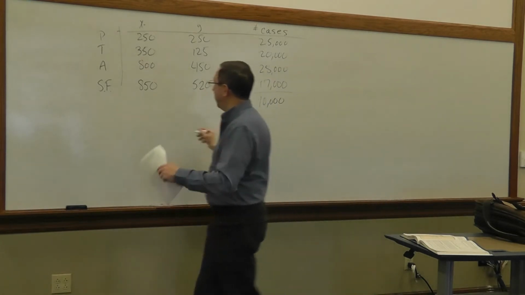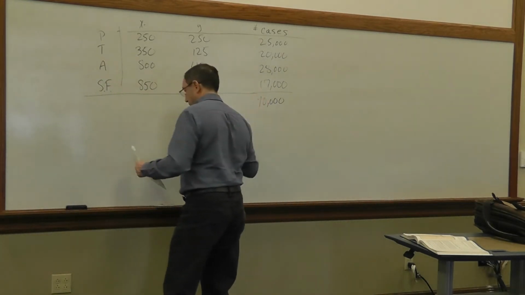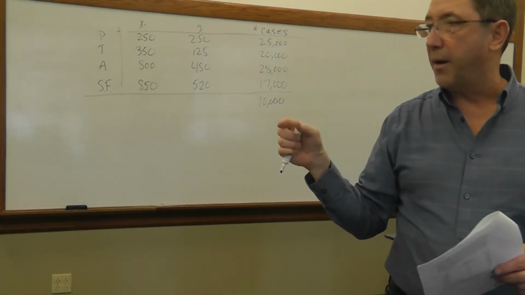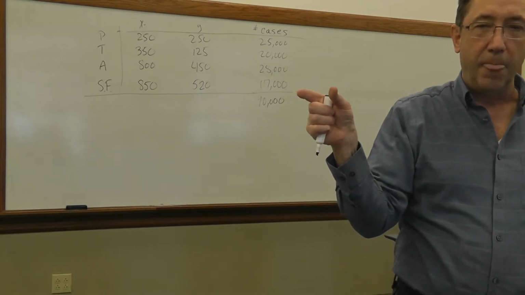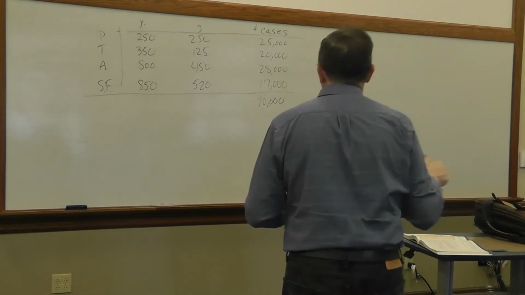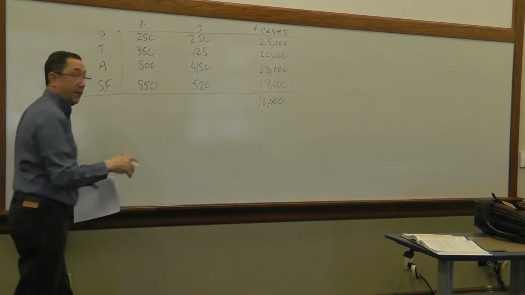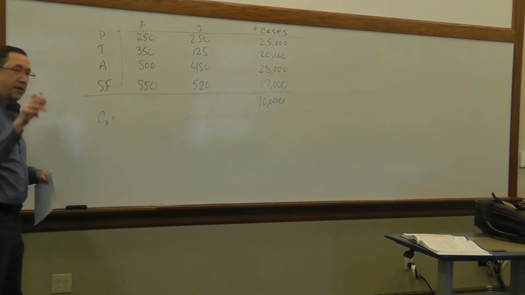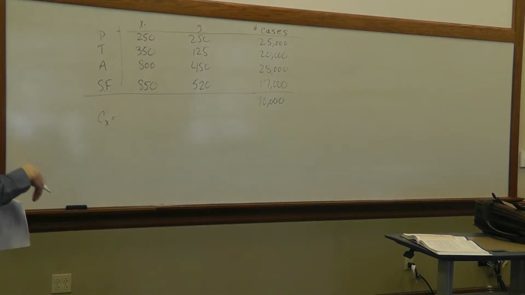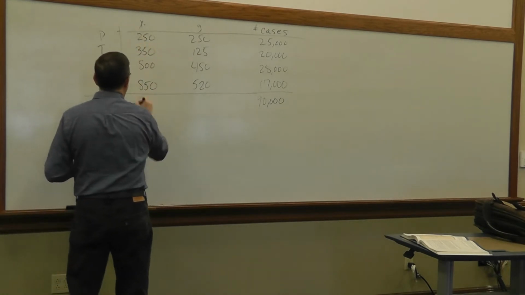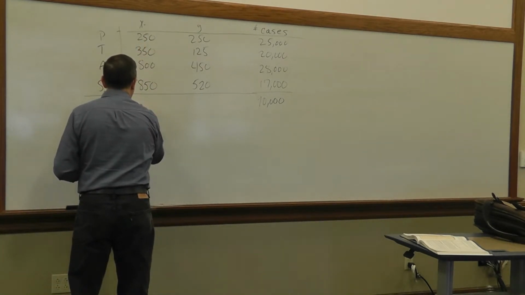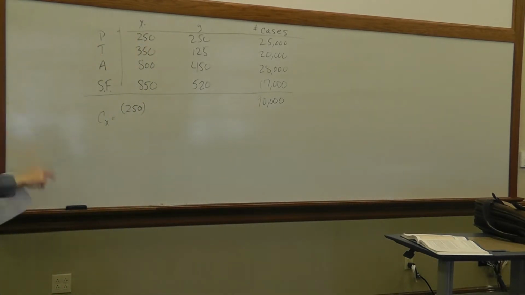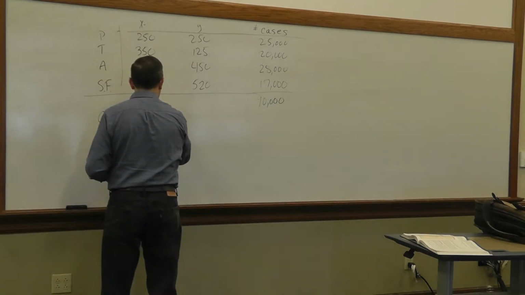So using the formula given, the second slide pretty much tells you how to do it. You just sum up the product of each location's x-coordinate and the volume for that location. If it's Excel, you're going to do a sum product. So for our new x-coordinate, C sub x, the centroid, it is going to be 250, the x-coordinate of the first facility, times the volume we're going to ship to that new facility, 25,000.